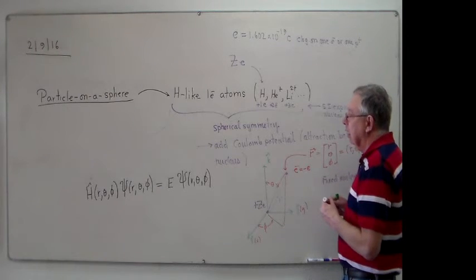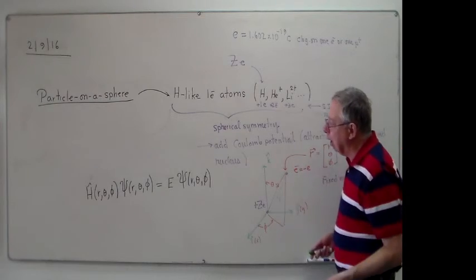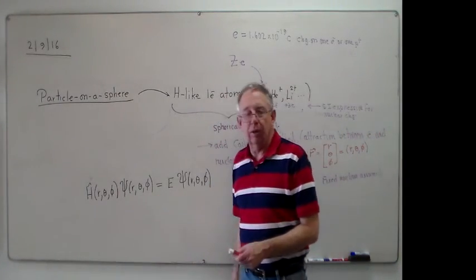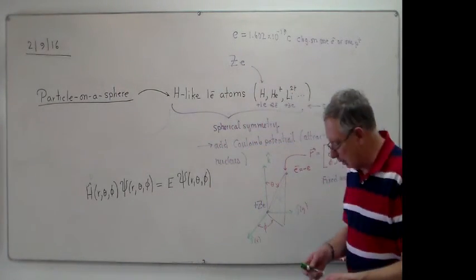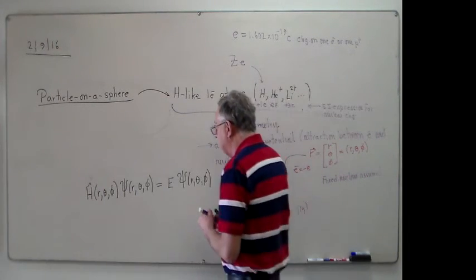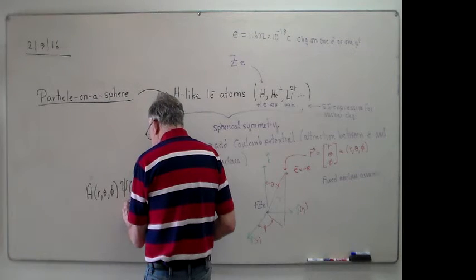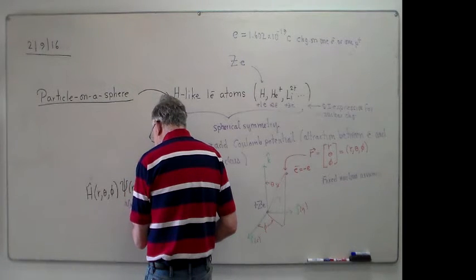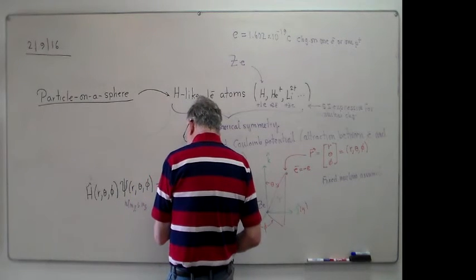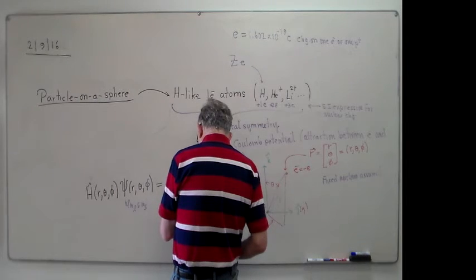Okay, now, how many quantum numbers will the wave functions of atomic hydrogen have? It turns out they're going to have a whole bunch. They're going to be n, l, m sub l, s, and m sub s.